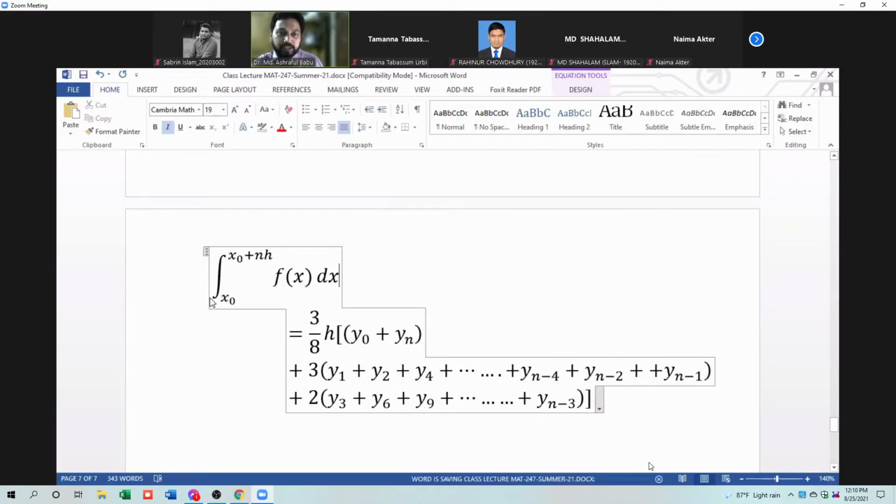So this is the formula for the Simpson 3/8 rule. Now you have to understand how we can organize all of these things. Look at that, you understand easily that 8 into y naught plus yn is the first ordinate and last ordinate.